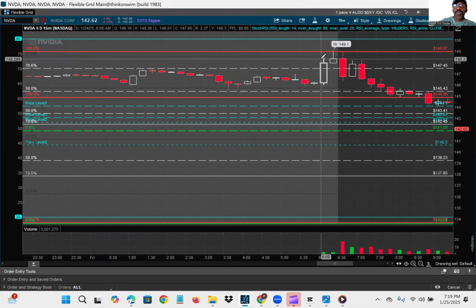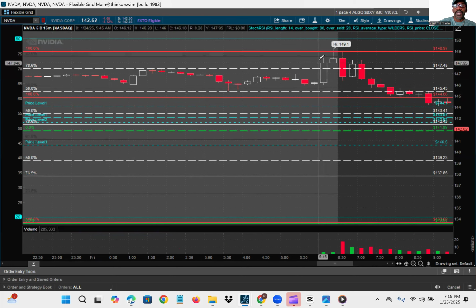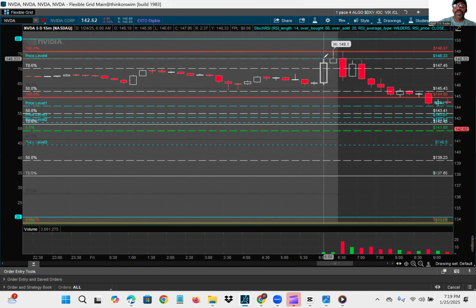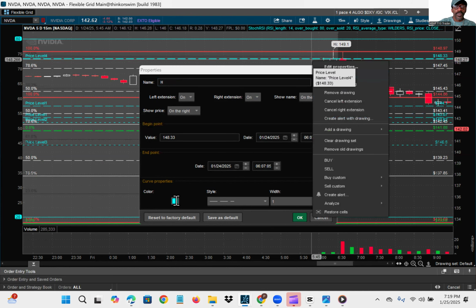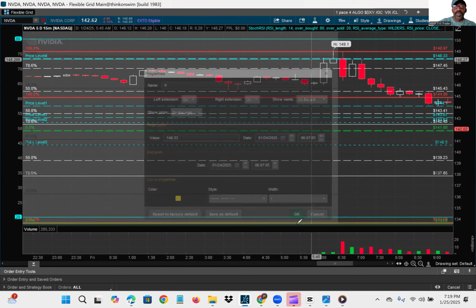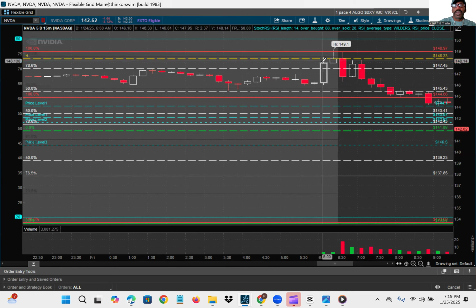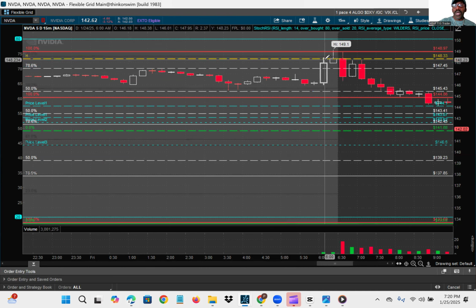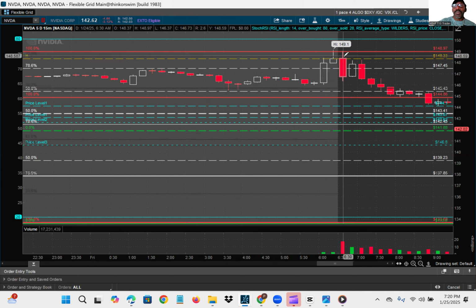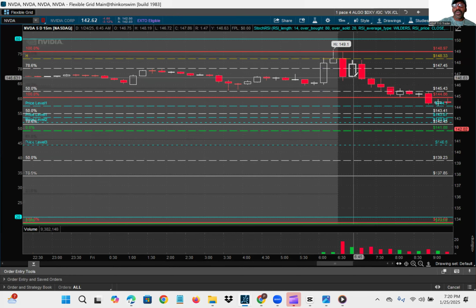This is pre-market high. It already established 1, 2, and didn't break the high, which was 150 for NVIDIA. 1, 2, 3. Boom, come back down.